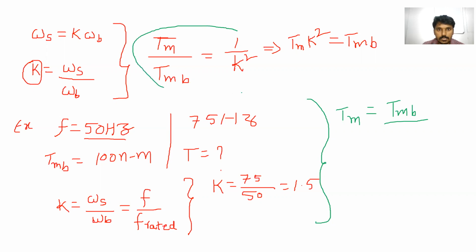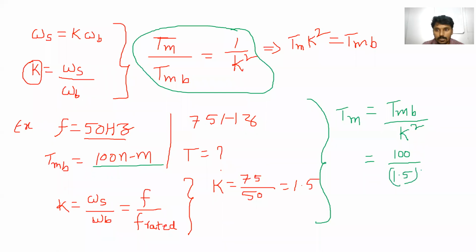Tmb is given as 100 Newton meters, divided by 1.5 whole square. How much did we get?